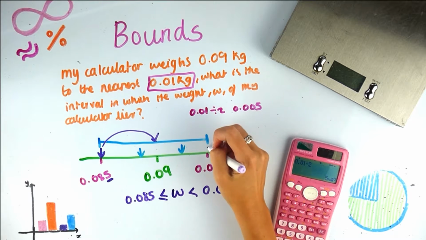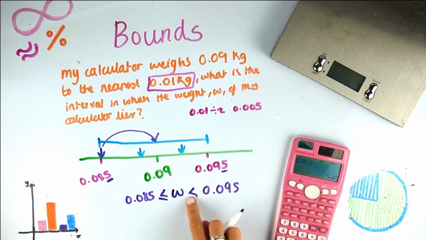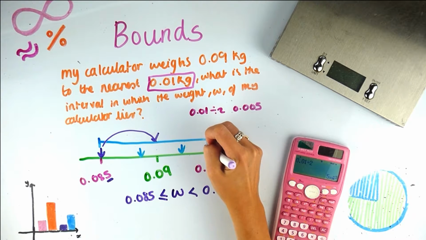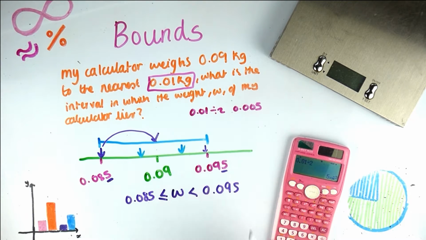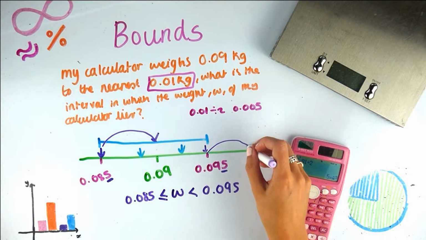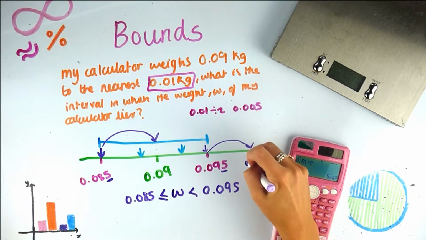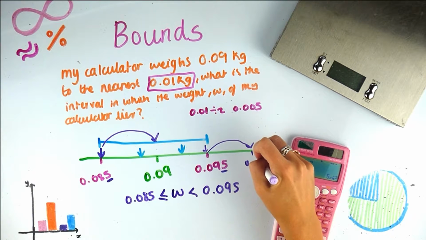But if we actually equal that, we would round up, because it ends in a 5, so we can't put the or equal to sign. It can be as close to that line as possible. But if it was on that line, it would round up to 0.1.